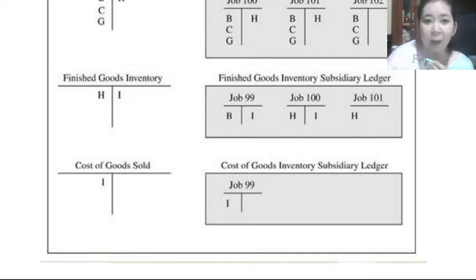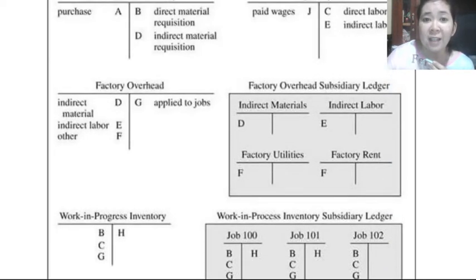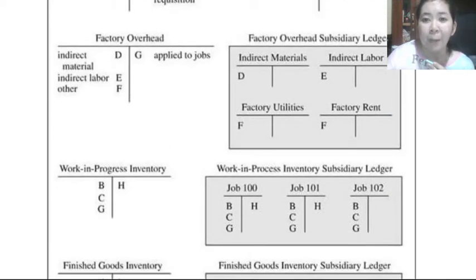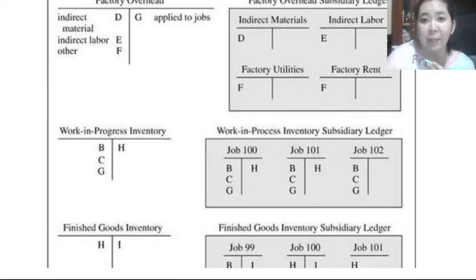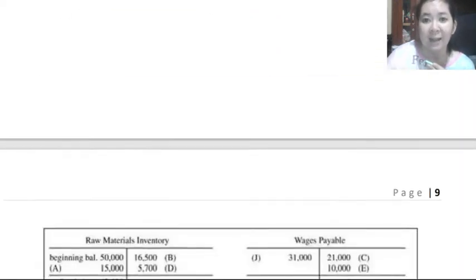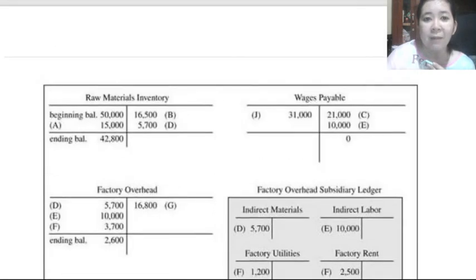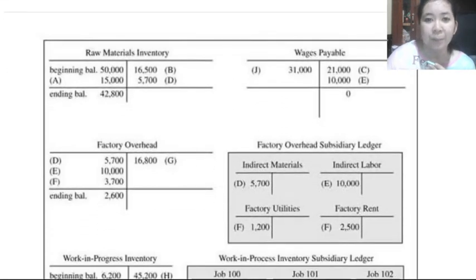So that's how we account for the different transactions related to our direct materials, direct labor, and factory overhead, respectively. So we have here an illustration. For example, we have here the beginning balance of raw materials of 50,000. Letter A is we purchased another 15,000 of raw materials during the period.